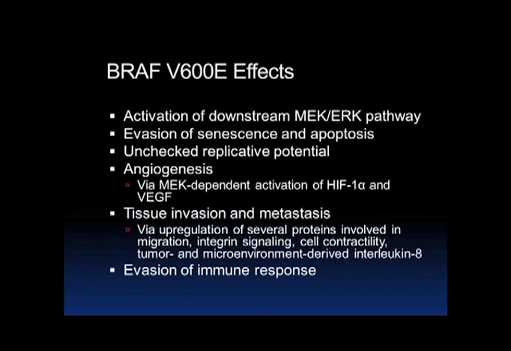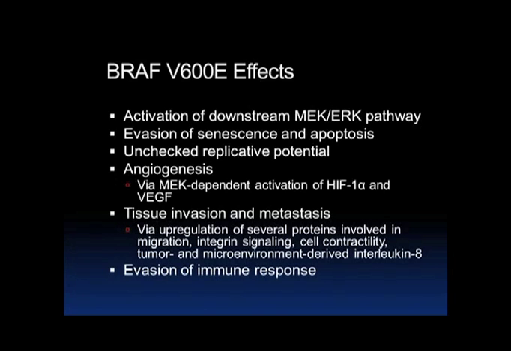So what does the V600E actually do? I showed you the results from Davies et al. a little bit earlier, but just to summarize, BRAF V600E actually activates the downstream MAP kinase pathway. With that, it evades senescence and apoptosis, and it leads to unchecked replicative potential.